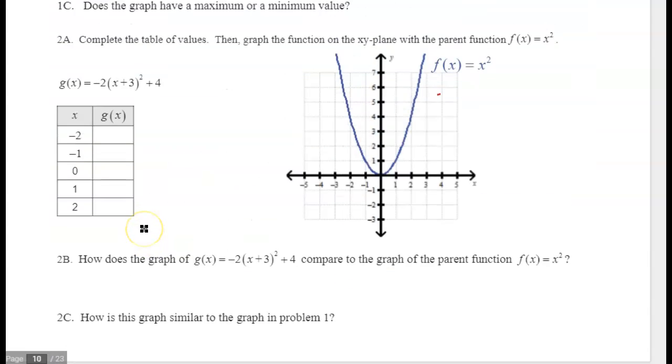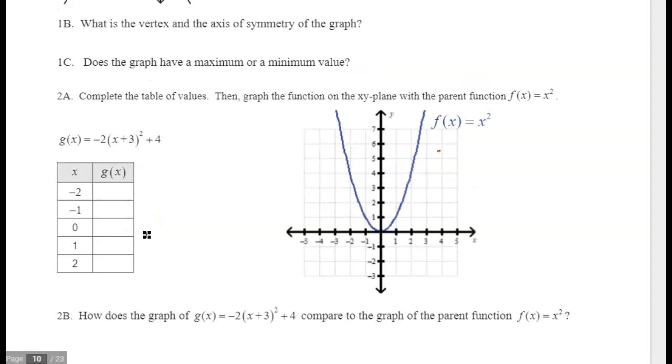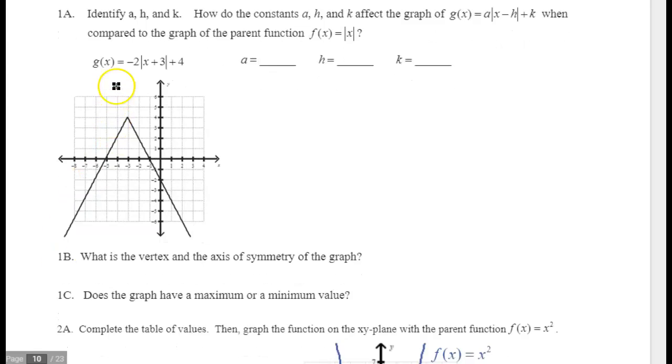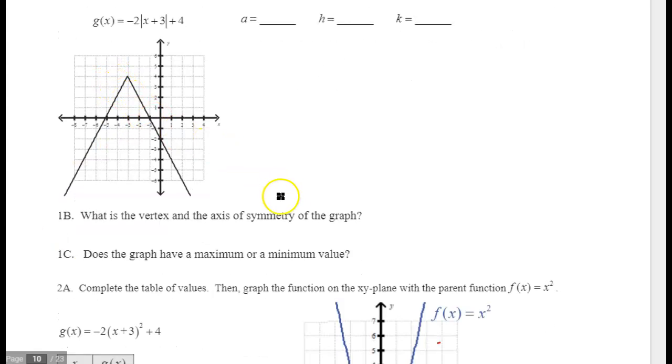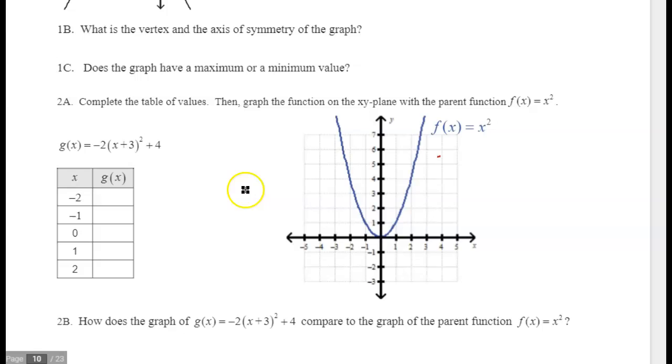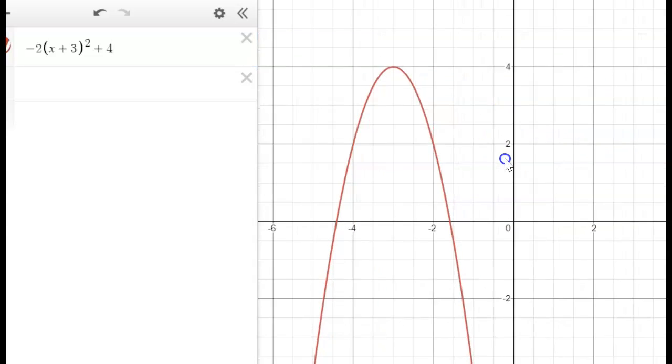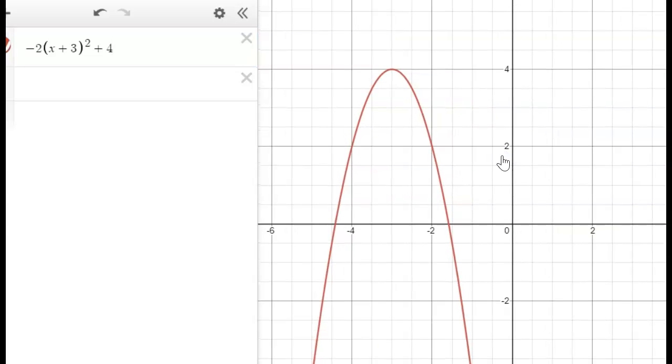The example they used on the previous page, and the warm-up compared it to absolute values, and you'd see that they're both very similar. But we're focusing on this x plus 3 squared plus 4. So I come over to Desmos, and what you'll notice is that I have a positive 3 and a positive 4.